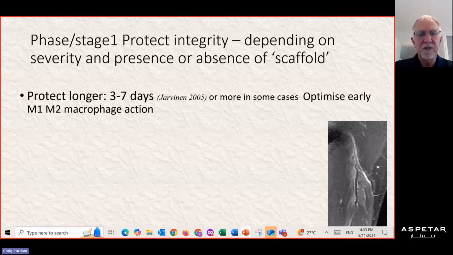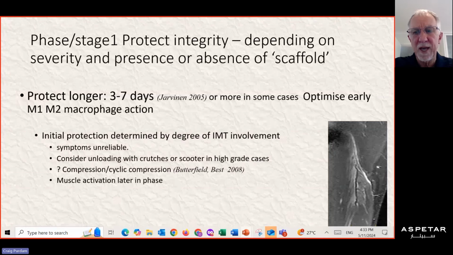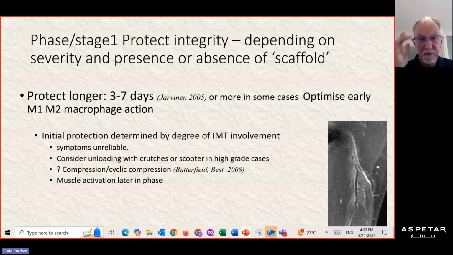M2 macrophages are very important to us because, in this case more than anything, M2 macrophages, which are the anti-inflammatory macrophages as opposed to the pro-inflammatory, are importantly involved with formation of fibrosis and connective tissue healing.